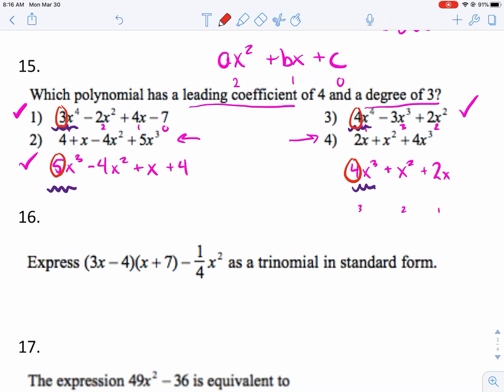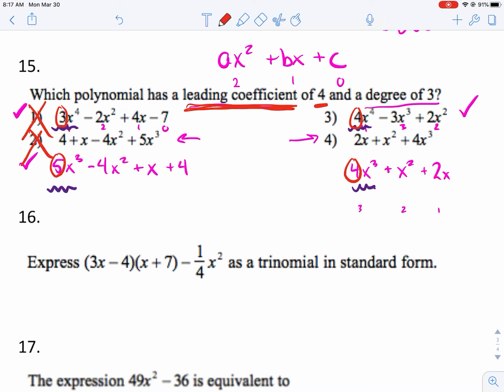In this case, like I said, they're all in standard form, so your degree measure should go highest to lowest. So when you have them in standard form, you look at that first number, and that's what we talk about as the leading coefficient. It's the number that's attached to that highest degree. And so we're looking for a leading coefficient of 4. This one I see a 3 and a 5, so those two are out.